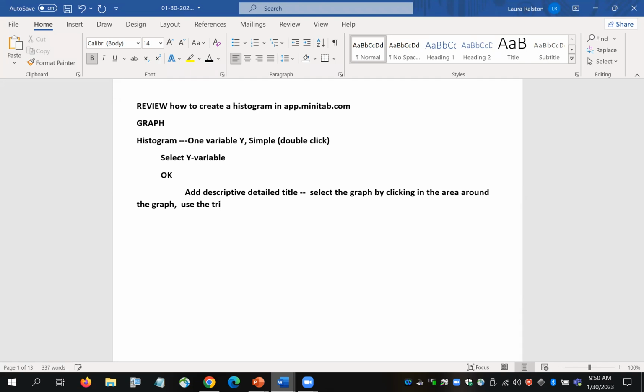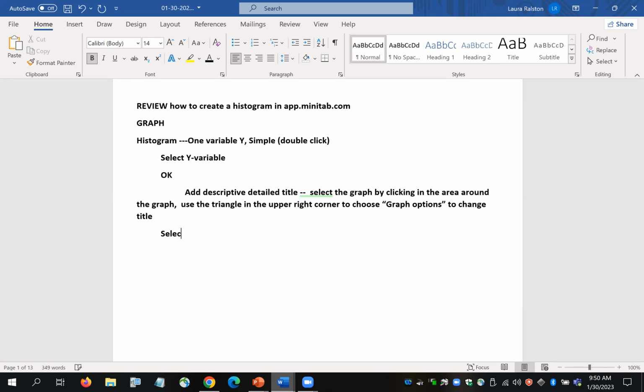Use the triangle in the upper right corner to choose graph options to change title. And there's other things you can do there as well.